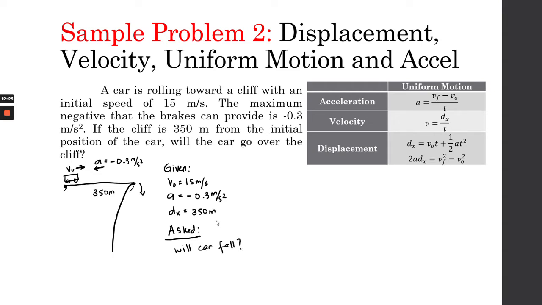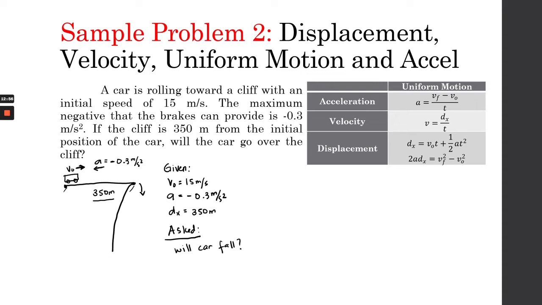So how can we measure this type of question? Well, we just have to analyze it. How can a car fall? The only possible answer for that is if the car went over the 350 meters distance between the car and the cliff. So if the car went over, let's say, at 351 meters, it will surely fall, and it will not fall if it is less than 350.